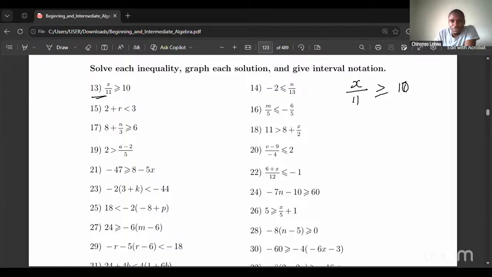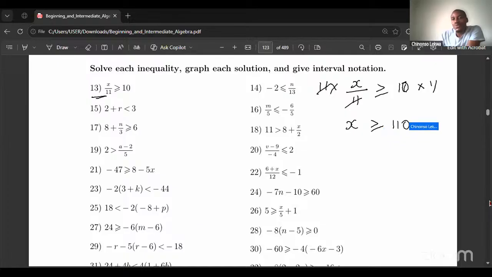In this case, I do not have any negative number. So I just want to multiply through by 11 to eliminate this denominator. I want x to stand alone, so I multiply both sides by 11. This 11 cancels 11, so x is greater than or equal to 110.